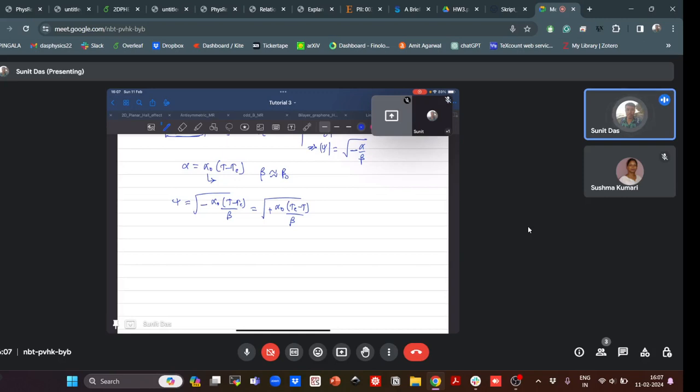So it should be that when T is less than Tc, then psi is real. This is what is needed, because psi cannot be imaginary, right?